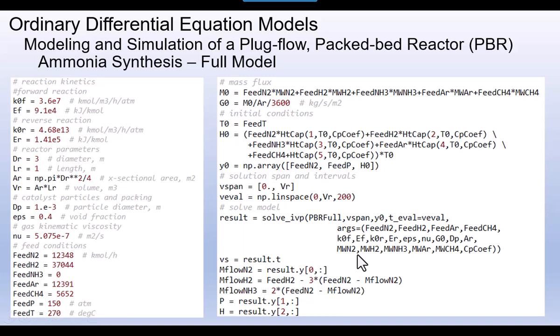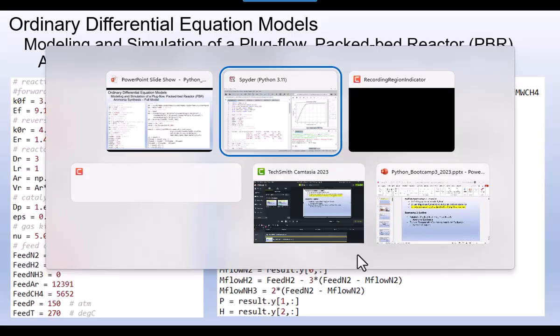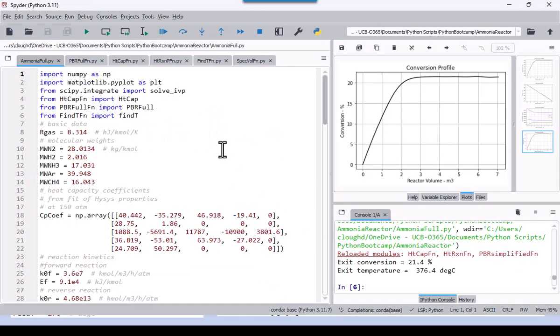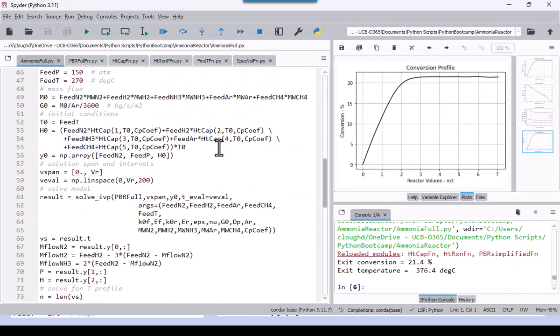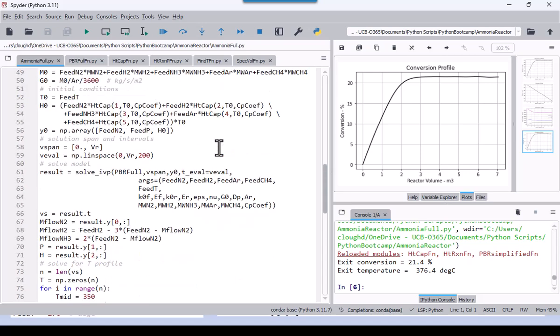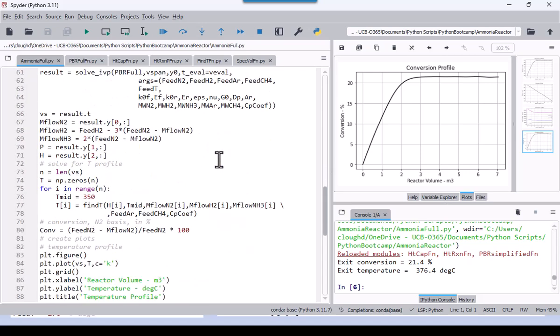Now let's go back and look at the code over here that unpacked the results. So here's our solve_ivp. We get the individual volume array from the t array in the result object. And then we get our nitrogen flow.